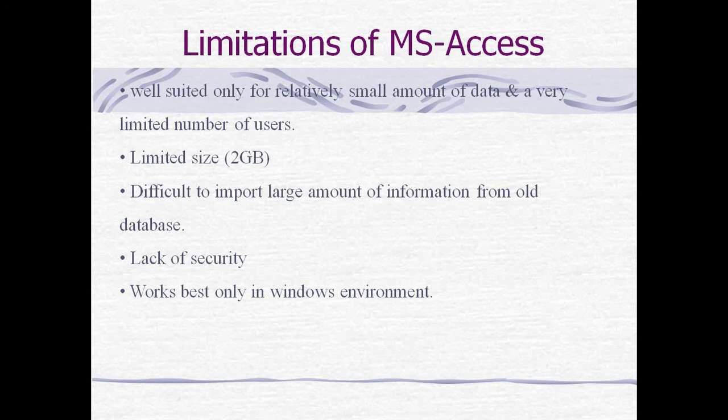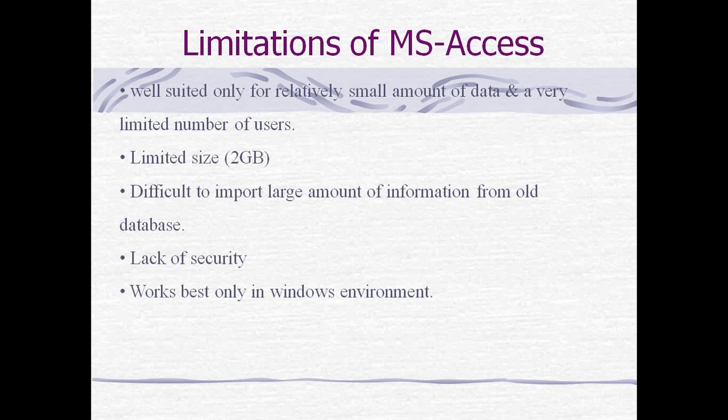Lack of security. Security is not completely zero in MS Access, but it is not to that extent or standard as compared to other database systems. Works best only with the Windows environment. It is suited only for Microsoft Windows operating systems, but not other operating systems.